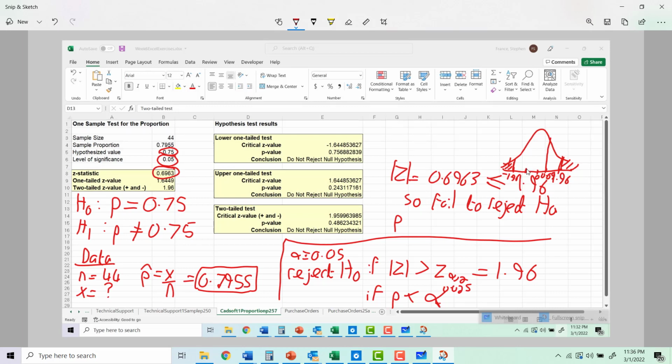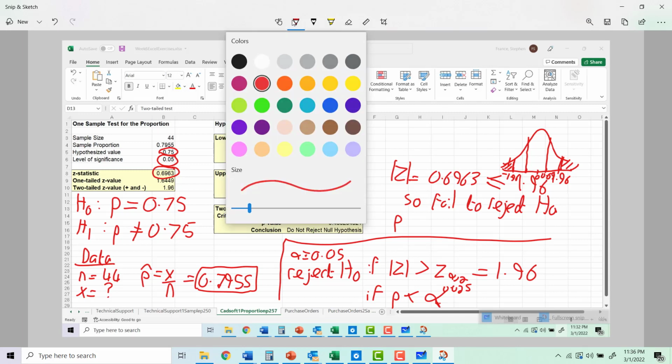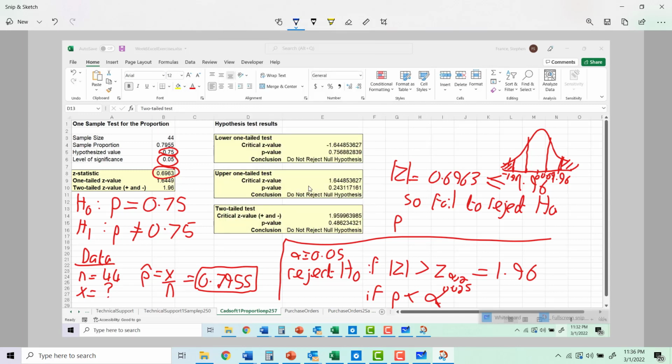Remember, the p-value goes on both sides. So my p-value is all of this from 0.69 to minus 0.69. Let's just draw it down here. So we've got minus 0.69, plus 0.69.